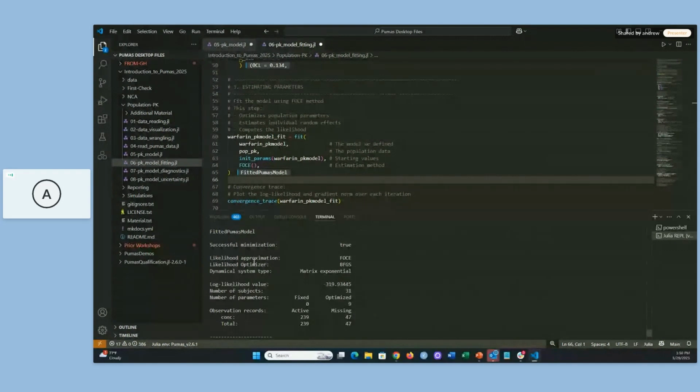The complexity of the model and how the model is coded can also lead to differences in how fast these things go.